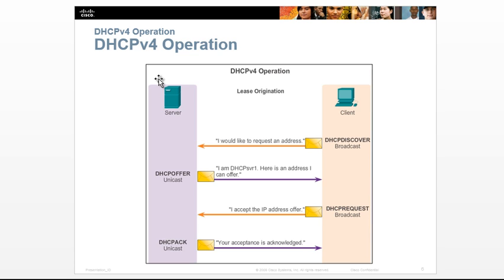Then your client says I will take that address offer, thank you. And then the DHCP server sends back a unicast saying your acceptance is acknowledged. Once that's done, the IP address is assigned. Then the server is going to take that out of the pool so that it knows that address is marked. It won't try to give it to some other machine.